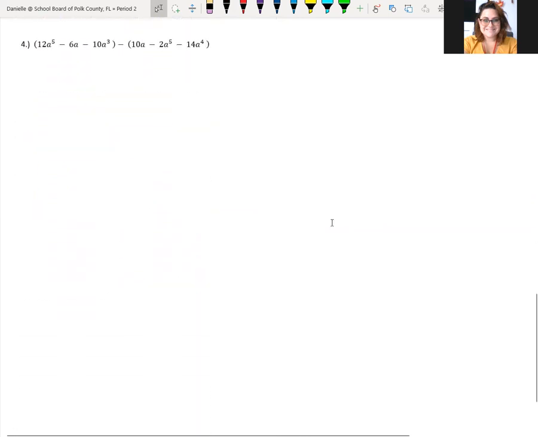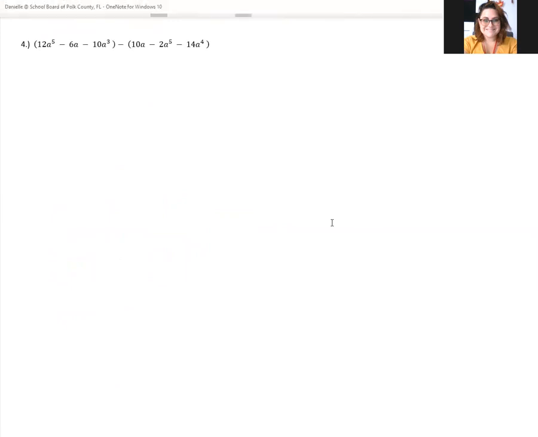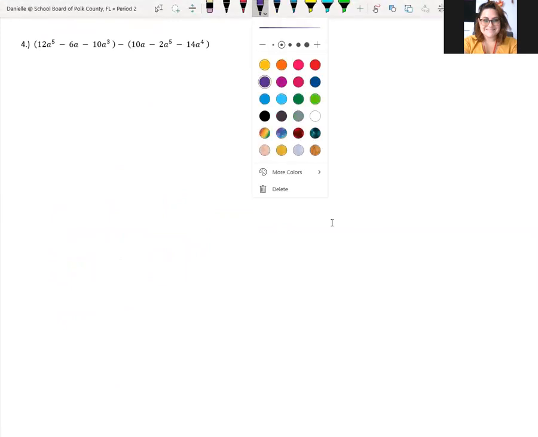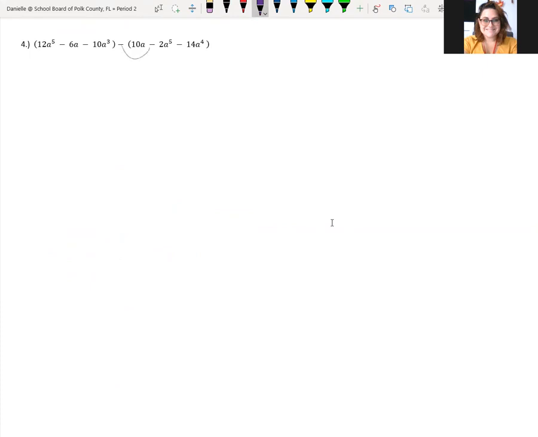And the last one, again, first thing you need to do is distribute that negative sign to every number. So the first one doesn't change. It's going to be 12a to the 5th minus 6a minus 10a to the 3rd.